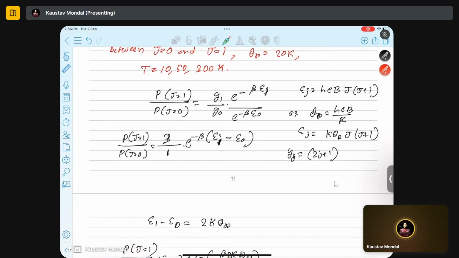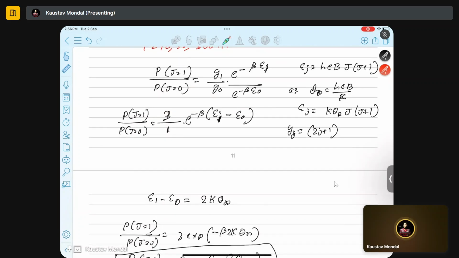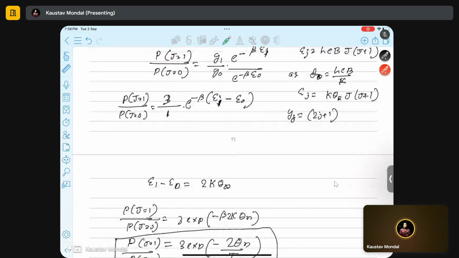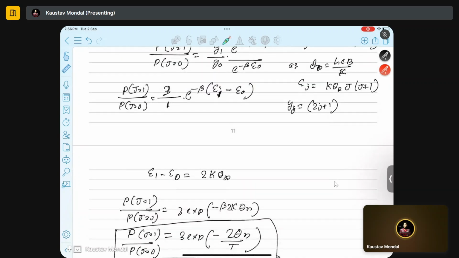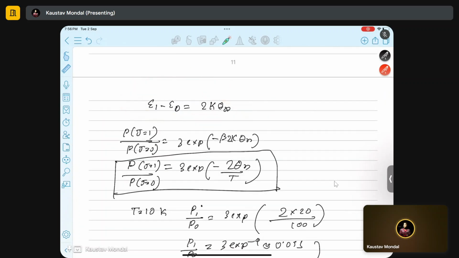For this system the states were J equal to 0 and J equal to 1, so we get the ratio of the population. The expression of the ratio looks like this, and after substituting E_1 minus E_0, these are the population fraction expressions.